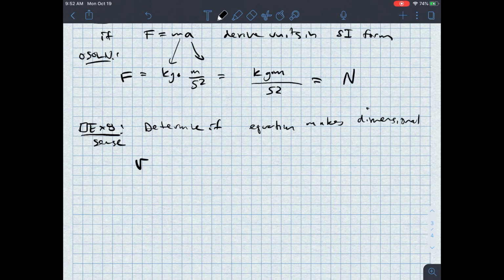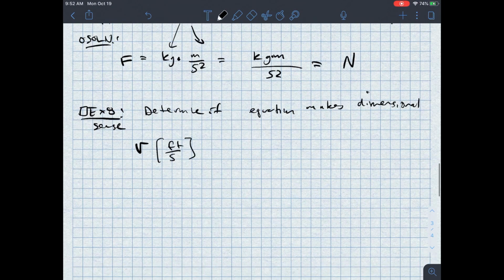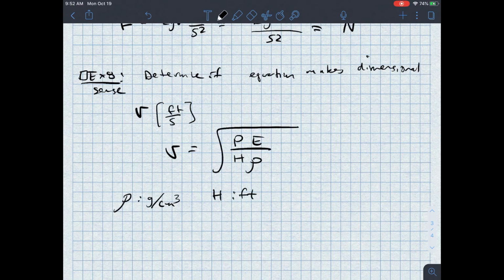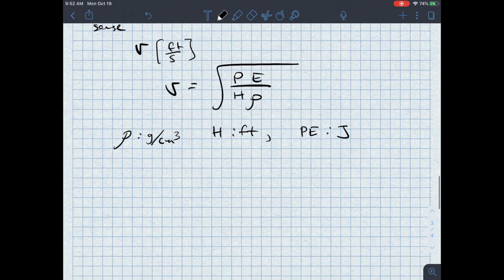Okay, so I've got velocity, which I'm expecting to be in feet per second. And I want velocity to be equal to the square root of PE over h rho, where rho is in grams per centimeter cubed, h is in feet, and PE is in joules.